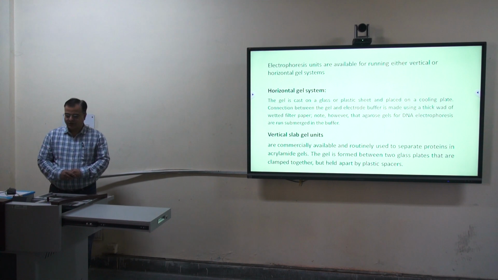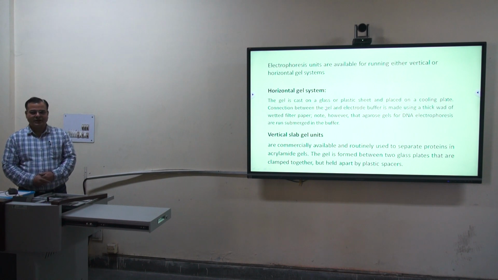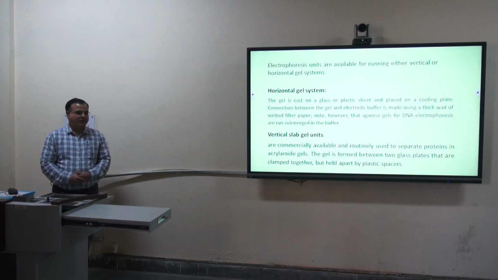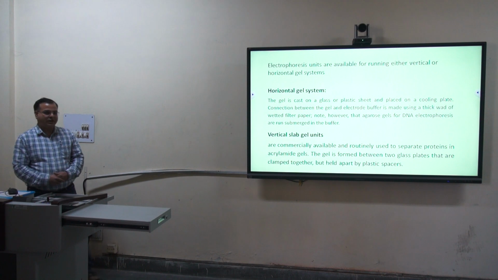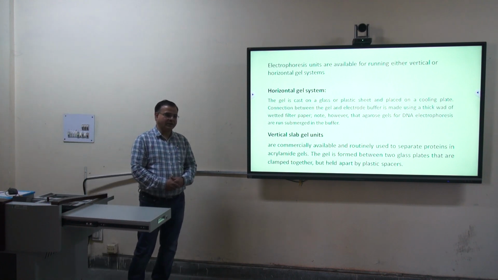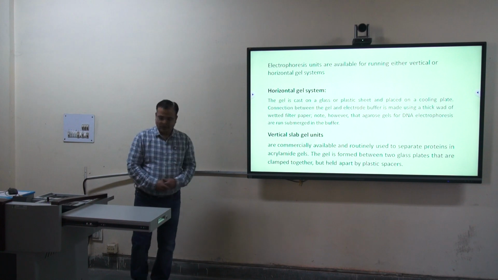Horizontal gels are basically used for running DNA, RNA, or sometimes proteins also. Second comes vertical gel electrophoresis. The vertical gel is cast between two glass plates, and this vertical unit is used for the separation of protein molecules.